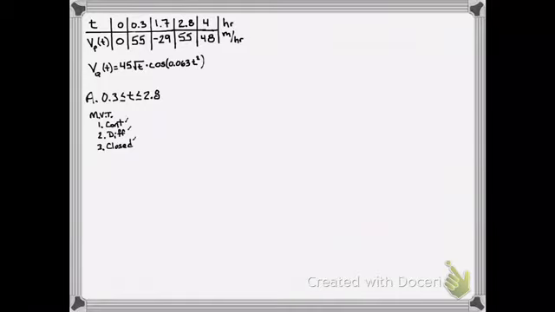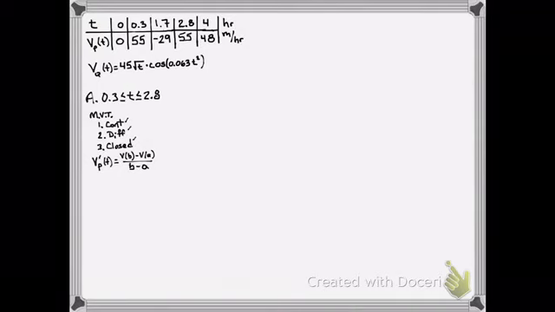So according to the mean value theorem, the punchline says that as long as you have these 3 things, then there must be a time where the derivative of your function, v prime of t, equals the function value at b minus the function value at a all over b minus a. And so if we look at our a and our b, that's the interval that t is in, between 0.3 and 2.8.